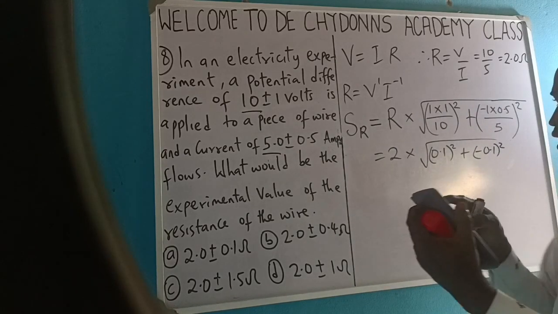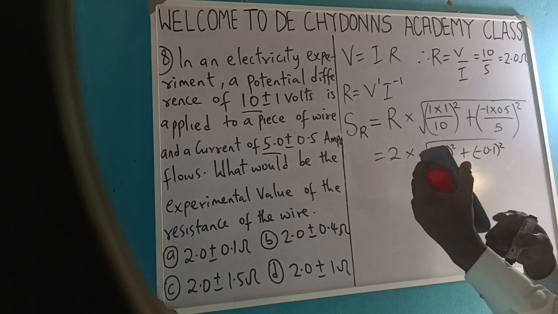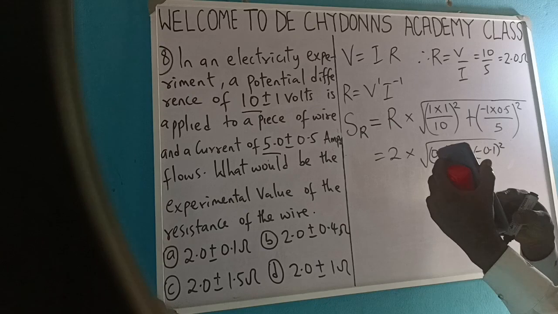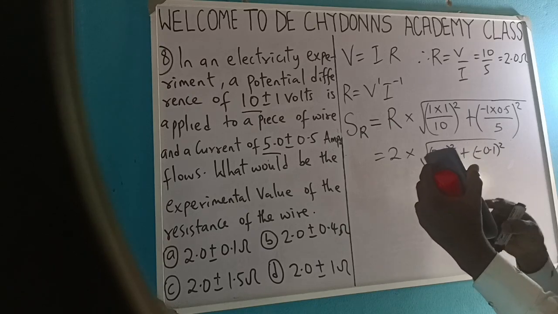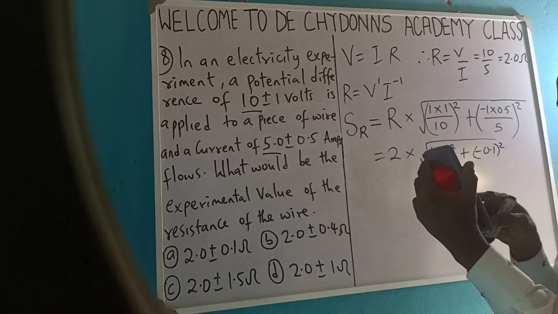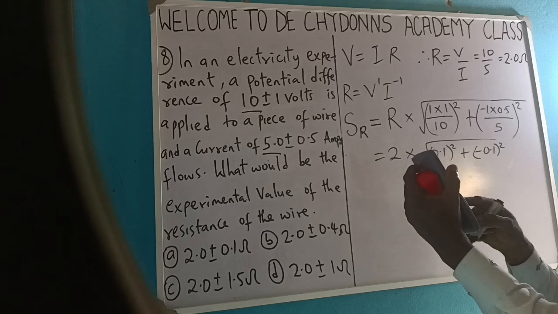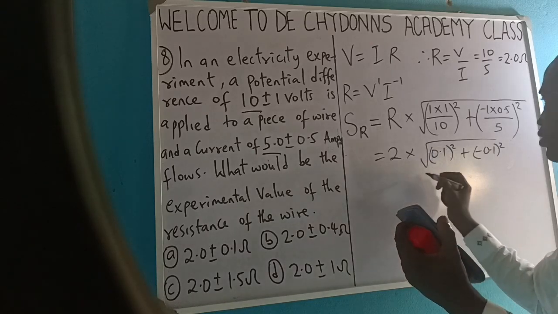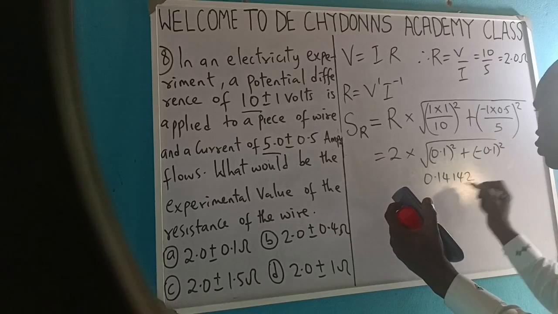You use your calculator, square root of bracket 0.1 squared plus bracket minus 0.1 squared. It will be giving us 0.14142.